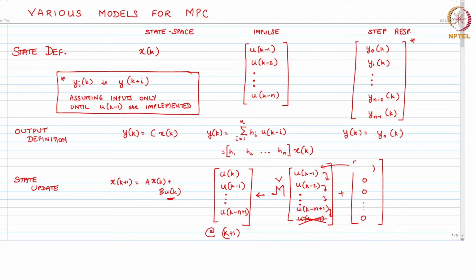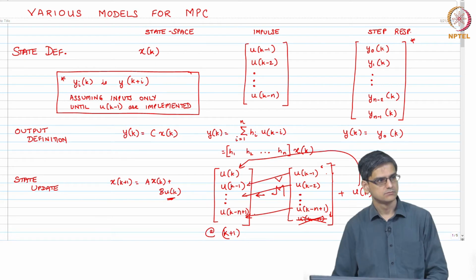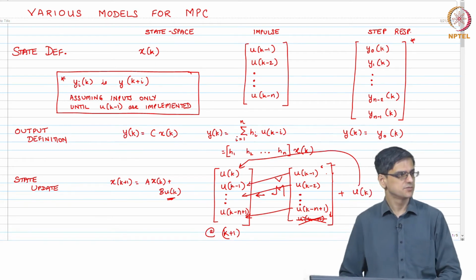Or in other words, you remove uk minus n, you put uk at the top over here, and move everyone down by 1. That is what the state update is.